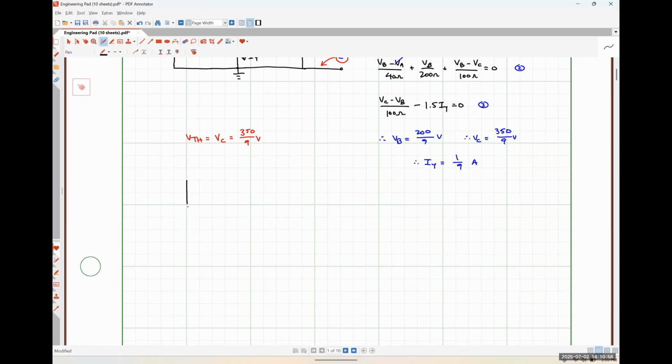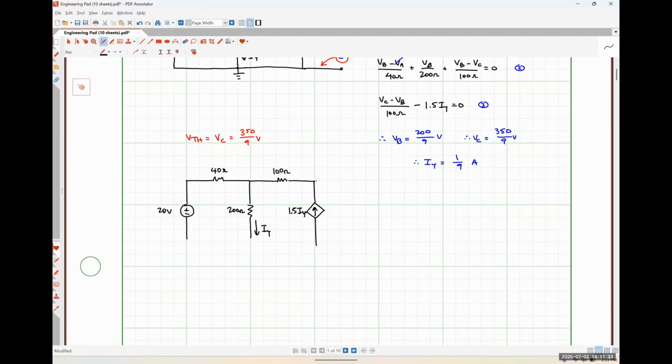So we're essentially going to be working with the same circuit, except that my terminals are now going to be short-circuited. So here's my 20-volt source, 40 ohm resistor, 200 ohm resistor, 100 ohm resistor, 1.5 IY.